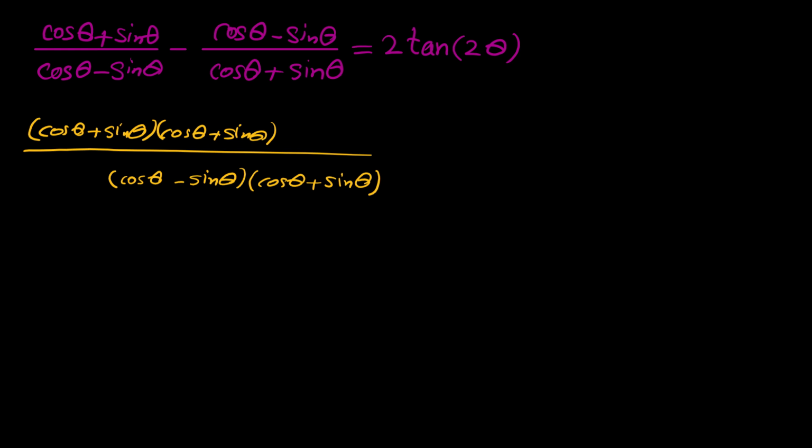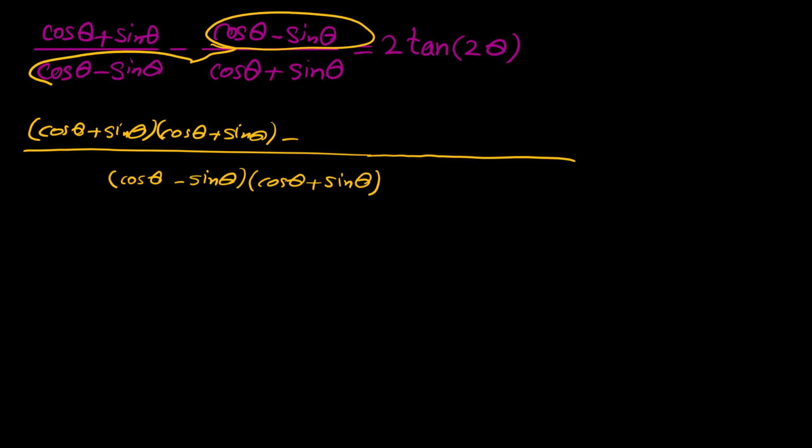Of course, the other way is a little better because it's faster and you can find the answer more easily. But let's continue with this form. For the other numerator, we have to multiply it by this, so we have cosine minus sine times cosine minus sine.